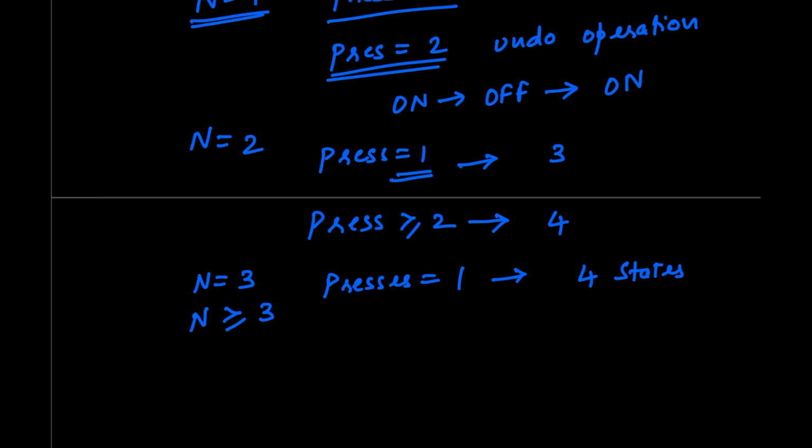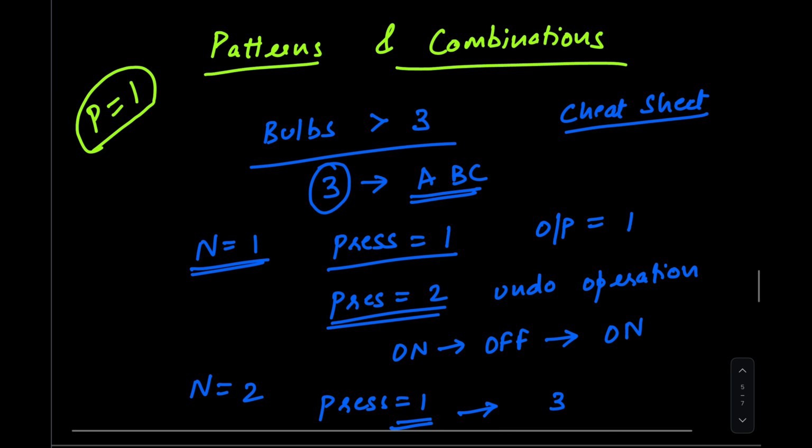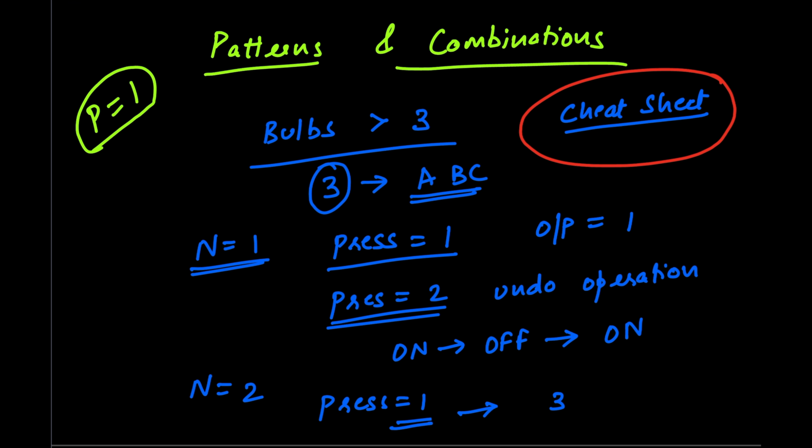This is because we can use the 4th button, which will give us a unique output, unlike the previous scenarios. If we increase the presses to 2, then we can get a total of 7 combinations. Anything greater than that will yield a total of 8 combinations. It doesn't matter how big the value is, the output will never be greater than 8. So this is the cheat sheet that we will be using to solve this problem efficiently.